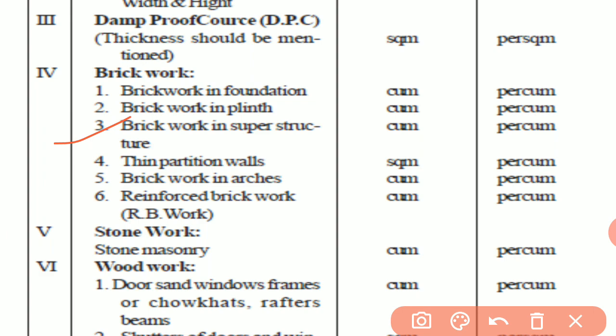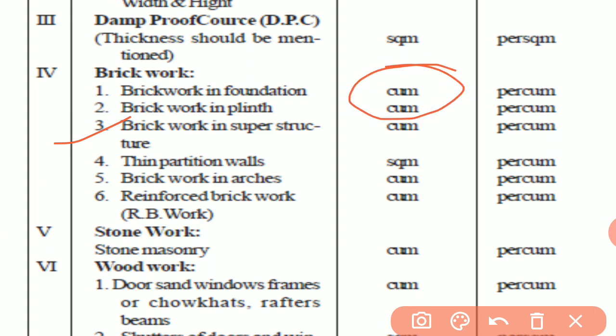So it has some width, and also length and height, the height may be 3 meter and the length, for a residential building, about 5 to 6 meters. So this is the brickwork and it has all the three dimensions, and we have to consider all three. That's why brickwork is measured in cubic meter, right?